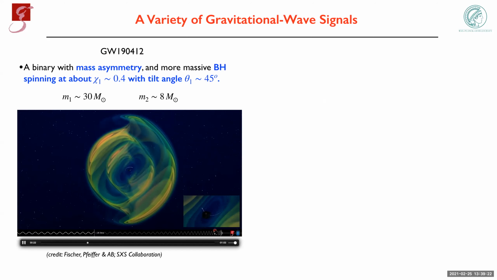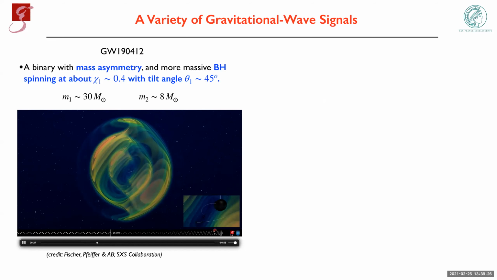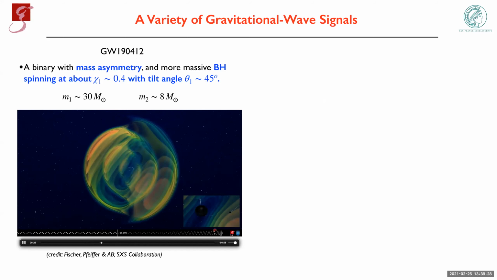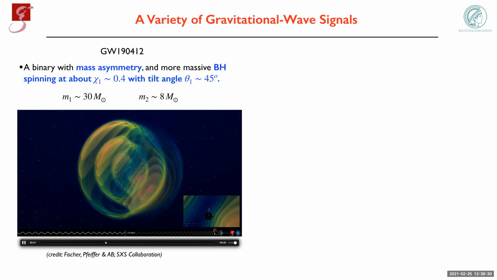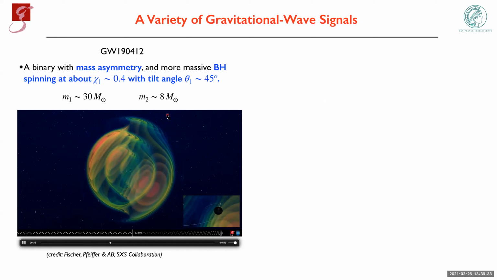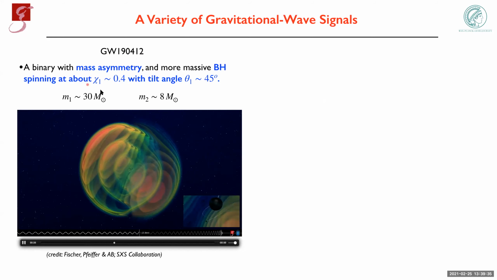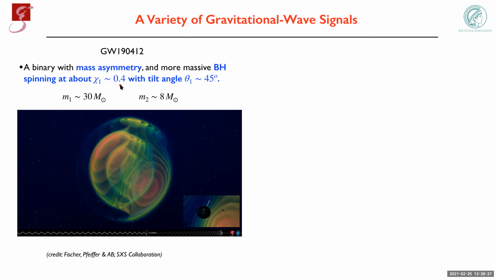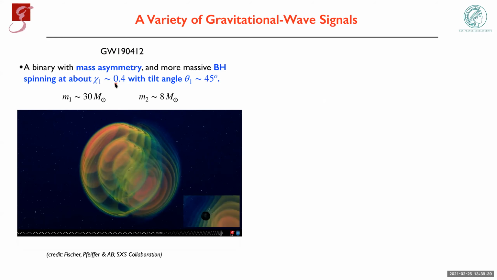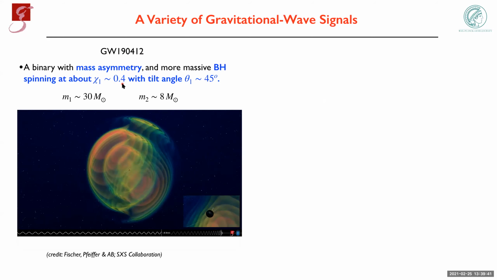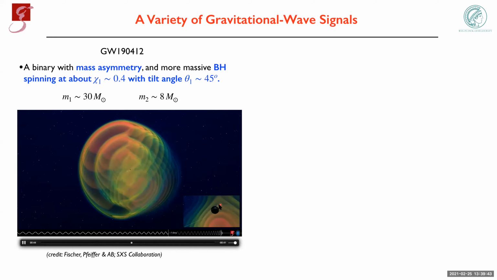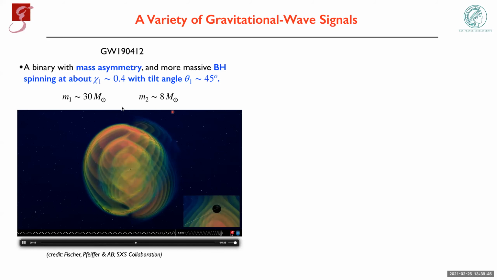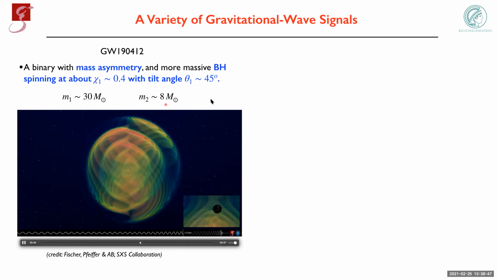And again, I want to stress the fact that testing GR in inspiral, merger, ringdown, it's all important to test the nature of the dark object. In this case, also the spin of the primary was measured at the level of 0.4, 99% confidence level. You see the little spin on the primary black hole here, and these were the masses of the 2 objects.